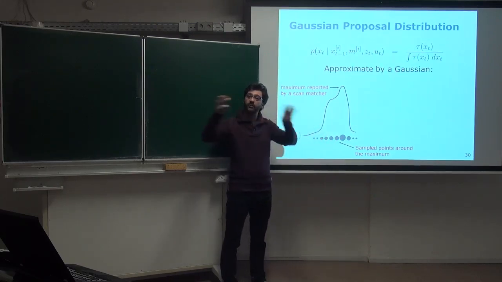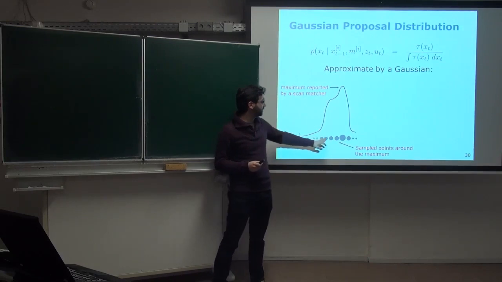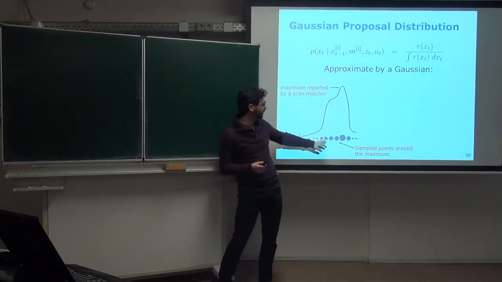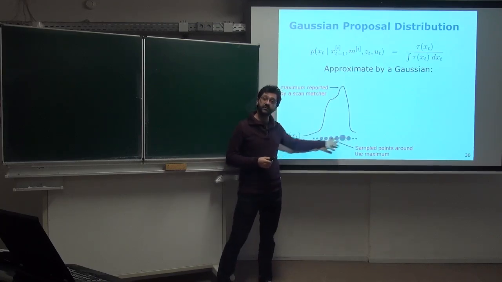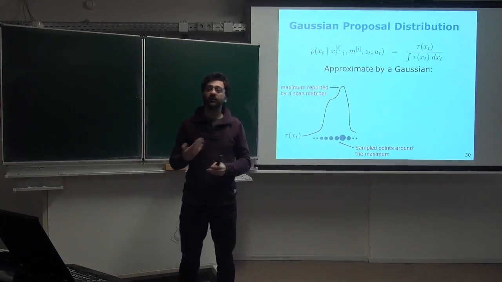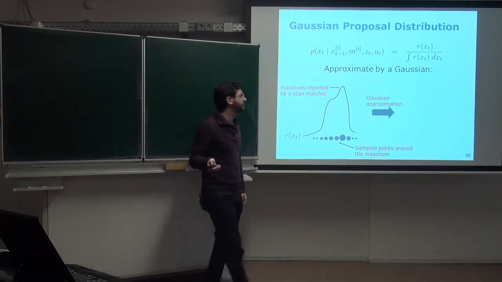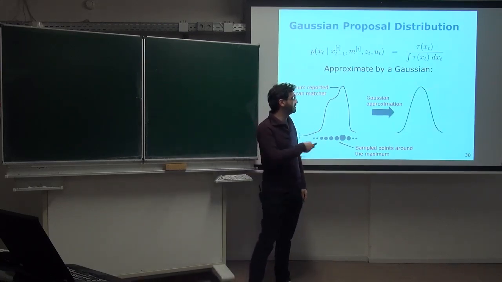We uniformly sample around this maximum in x, y, theta, and all the directions. And then we compute through, again, the importance sampling principle, some weights for them. So we'll have samples which are higher weight than others. And once we have all these samples, we can then do a Gaussian approximation of the samples.